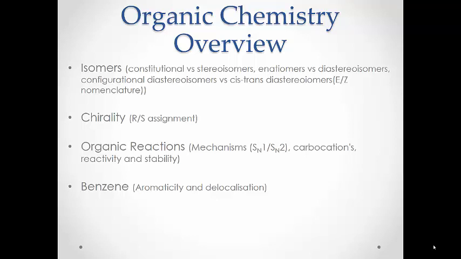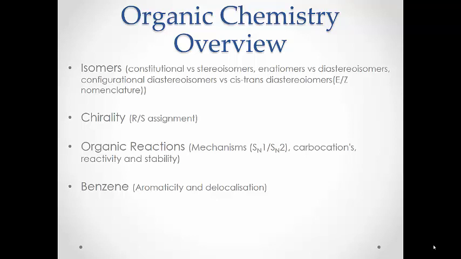So this might be a little bit different to what you've done in high school if you've previously done organic chemistry. So we're going to go into chirality and talk about what chirality is. And we're going to be assigning R and S configuration on the chiral carbons. We're going to look at simple organic reactions, in particular mechanisms of SN1 and SN2, so that's nucleophilic substitution.